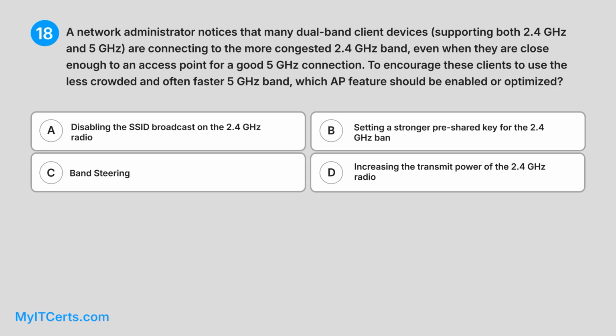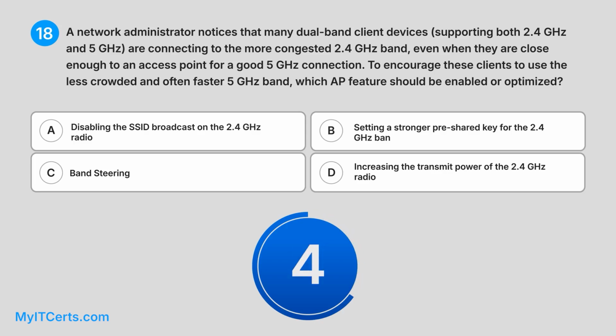A. Disabling the SSID broadcast on the 2.4 GHz radio. B. Setting a stronger pre-shared key for the 2.4 GHz band. C. Band steering. D. Increasing the transmit power of the 2.4 GHz radio. Can you guess the answer?